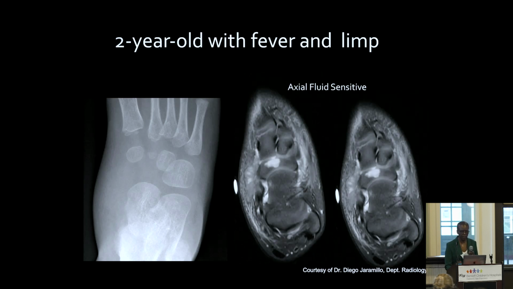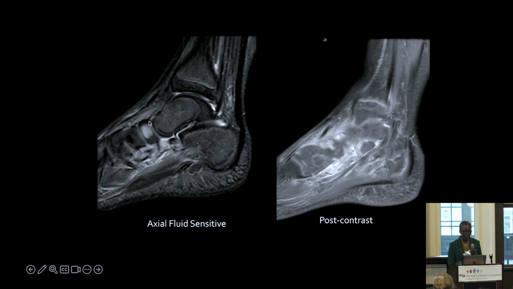Here's a 2-year-old that comes in with a fever and a limp. So we can see that the navicular is not ossified. And within that unossified navicular, there is this area of signal abnormality on our fluid sensitive sequence that's bright. And on the sagittal film, you can also see again here on the fluid sensitive sequence that there's that area of T2 brightness.